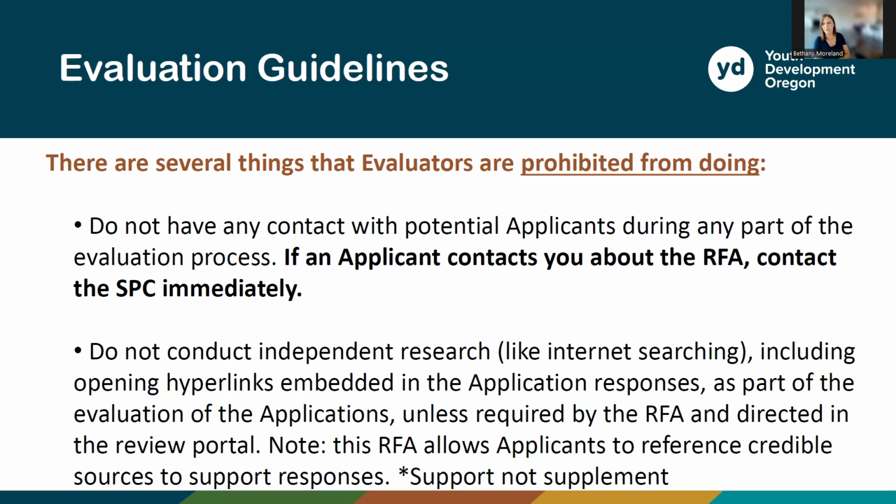So if there is something listed that is a citation, and say it's a hyperlink, if you were to click on that and it appears to just be information which is supplementing, adding to their application, please ignore it, just close it. The RFA is just meaning to give applicants the space to show that their data is accurate, that they might be referencing. Next slide, please.